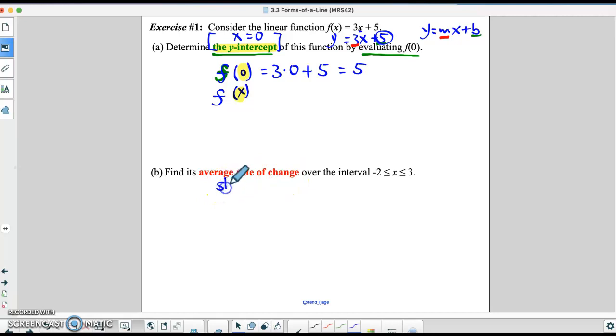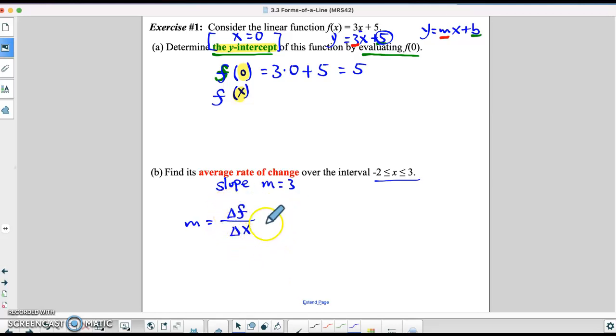All right, great. Question B, let's find the average rate of change. If you remember, that is about the slope. As we just discussed, the slope you can actually find in the equation, which is 3. But let's verify. We're going to find the rate of change. Remember, rate of change is the same thing as the slope. That is delta f, the difference in the y values, over delta x. This is something we learned in the previous lesson.